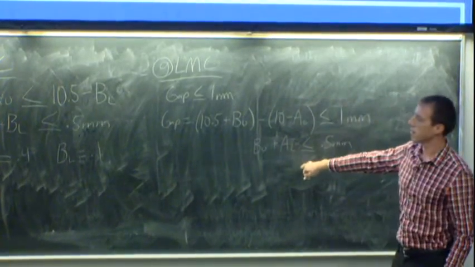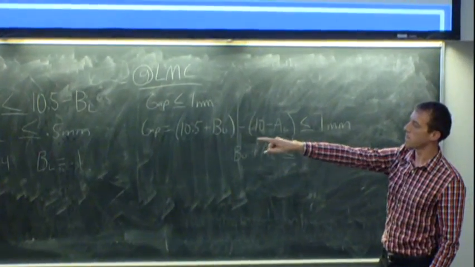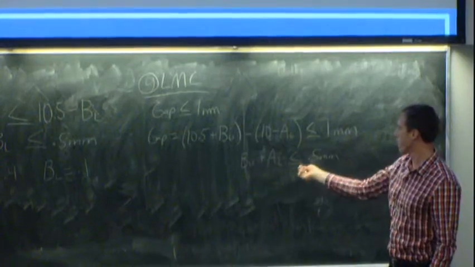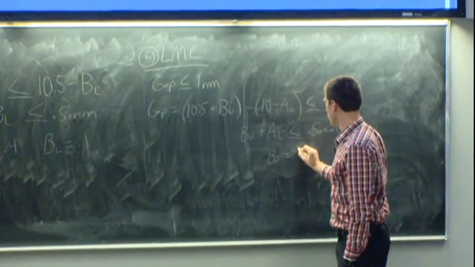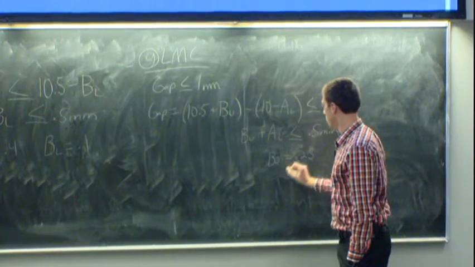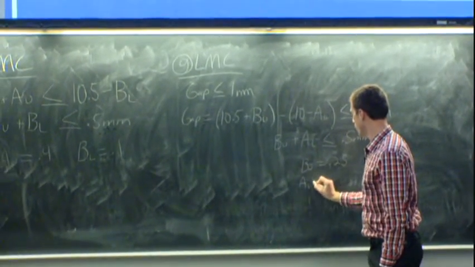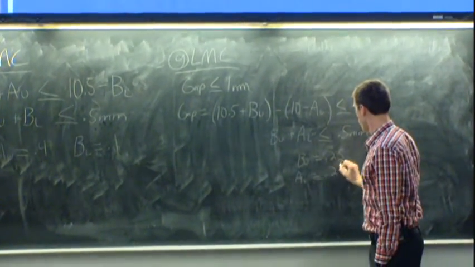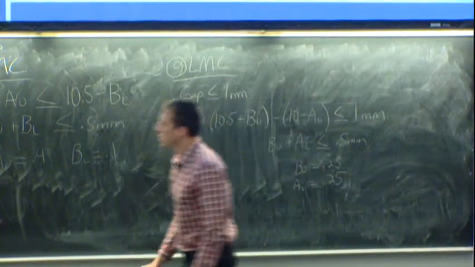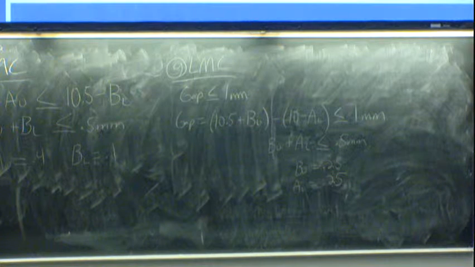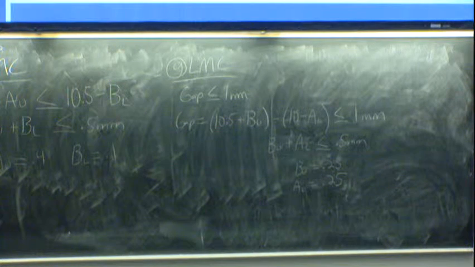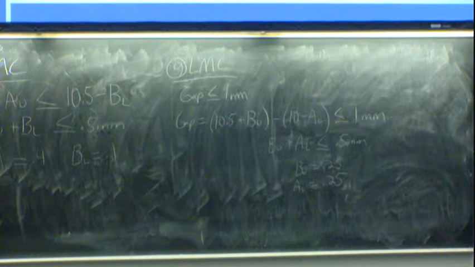And maybe in this case, I don't care which one I give more tolerance to, and I'll make them equal. So I can set BU equal to 0.25 and AL equal to 0.25. So I can set both of these equal to 1/4, and they'll be negative, and this one will be positive.